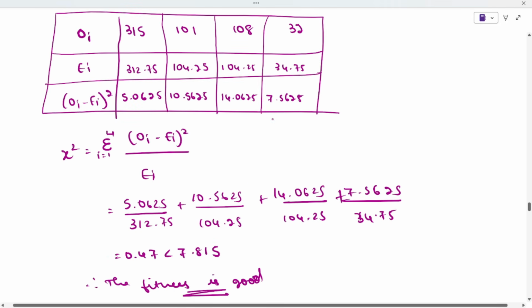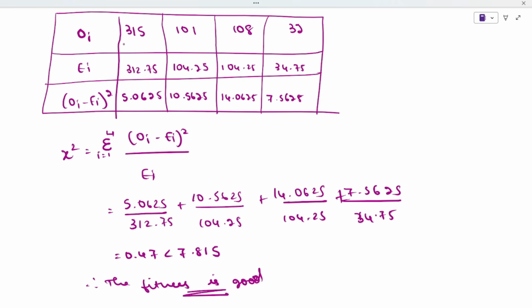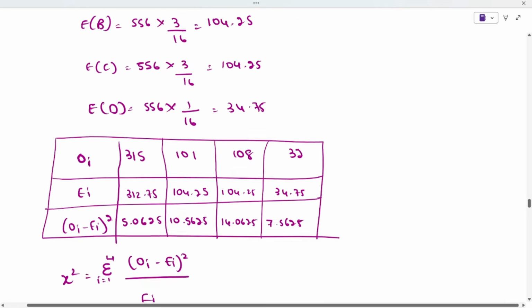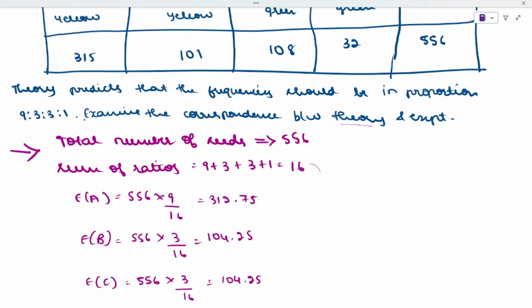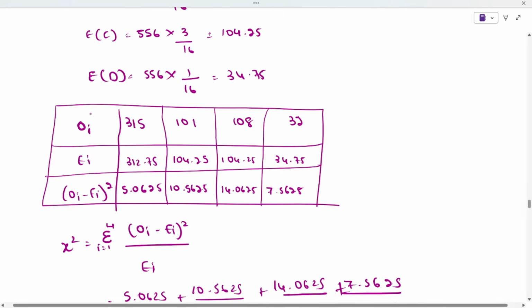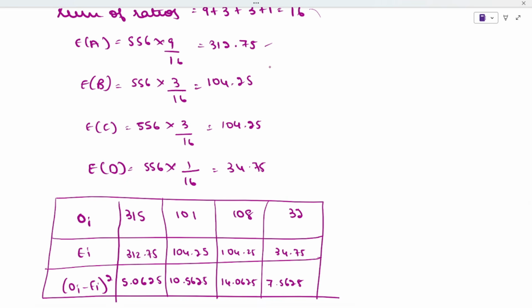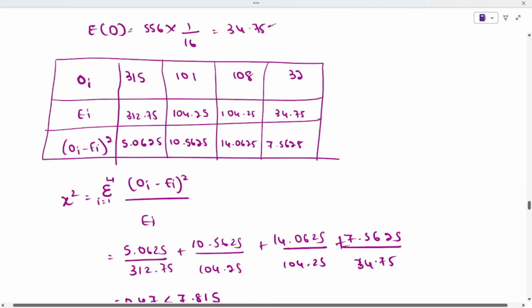And next the one table you need to form, that is observed value and expected, and observed minus expected whole square. 315, 101, 108, 315, 101, 108, 38, 32, all are given. And expected is what you have found out here, and you subtract and do the square of that.